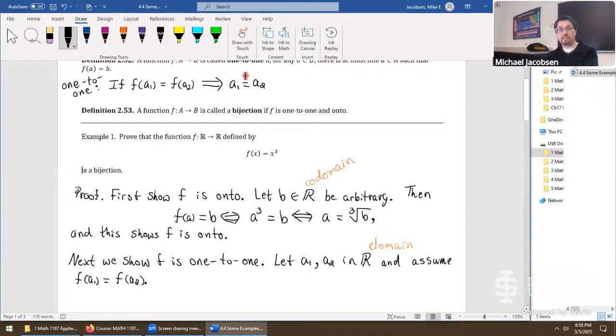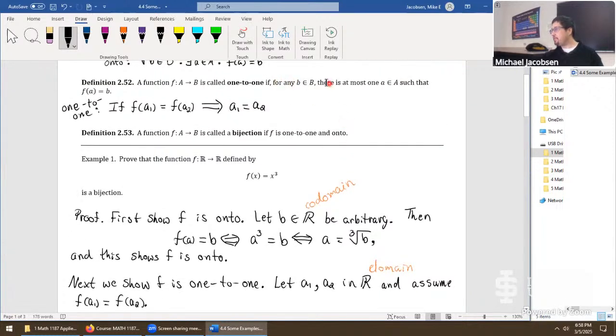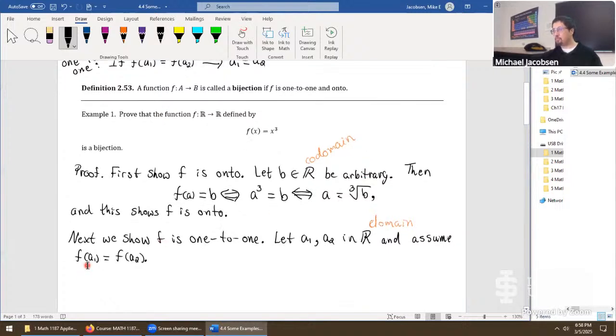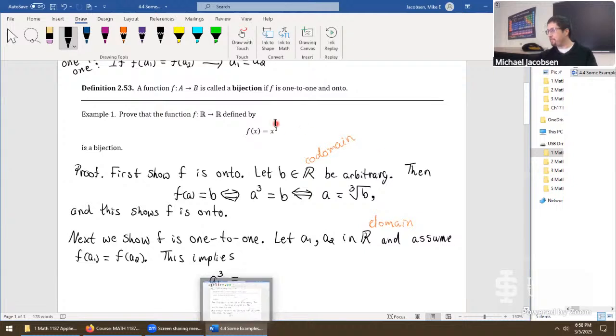If we can conclude those domain elements are in fact equal, then we have found the essence of there's at most one A in the domain that maps to a particular value, the one-to-oneness. So we have an equation here. We have a function that we can now re-express through that equation. So we can say this implies where it was F of A1, we now have A1 cubed. Right-hand side, F of A2 becomes, just passed to the function way over here, A2 cubed.